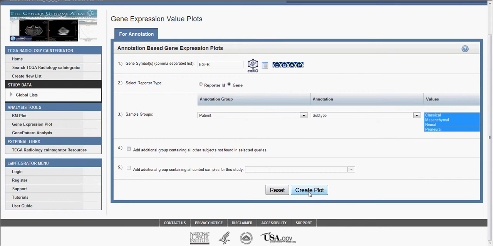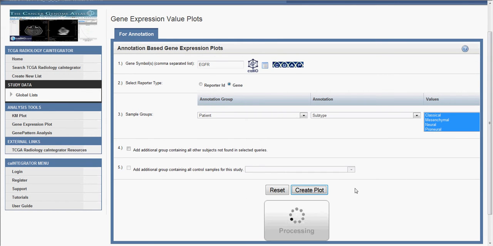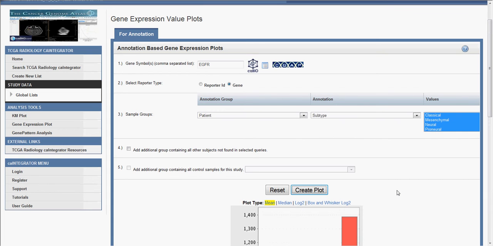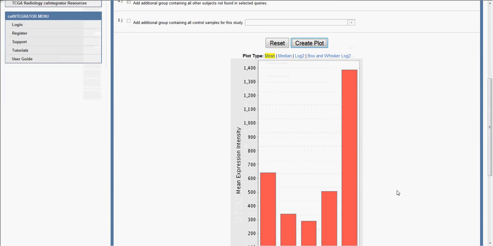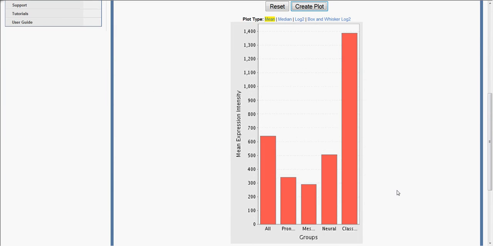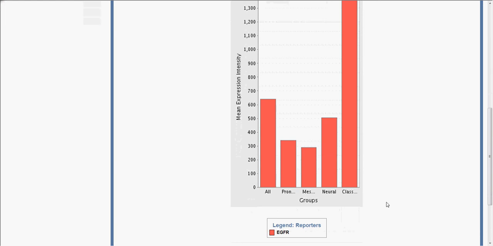When we click on create a plot, the C Integrator will perform the analysis and present us with this graph. This graph shows the mean expression levels of EGFR in the 4 different subtypes of tumors.